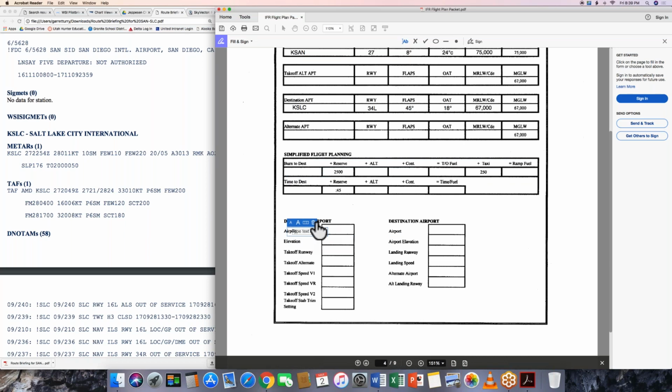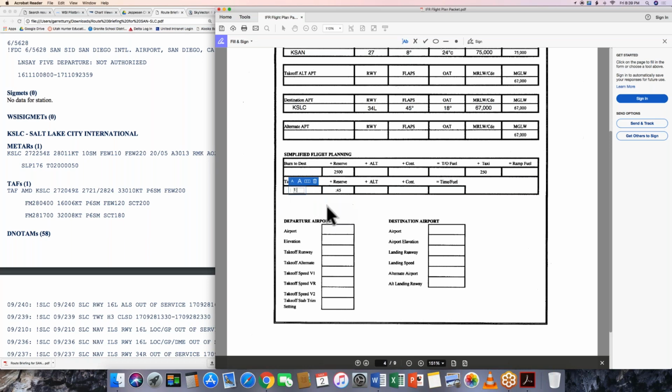Here's where we do a little bit of our fuel planning, okay? So our burn to destination. We've got our pounds, and this is the time conversion for the pounds that we're burning. We're trying to figure out how many pounds we're going to burn to the destination.